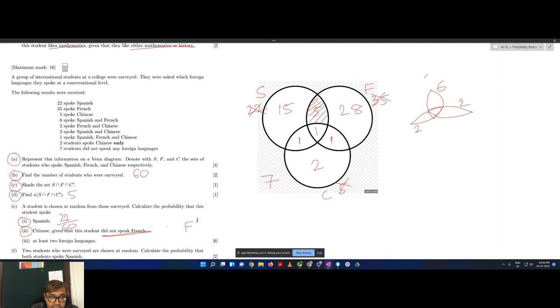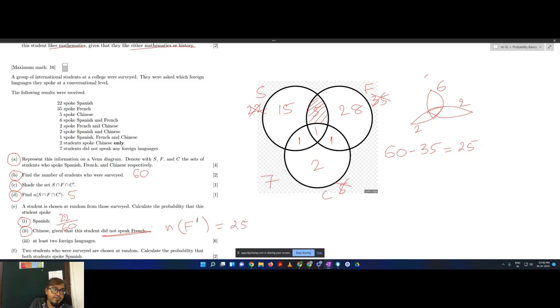So how do you calculate that number? How many don't speak French? F complement. It's going to be 60 minus 35. 35 speak French. So the remaining is 25. So the number of people who do not speak French is 25.